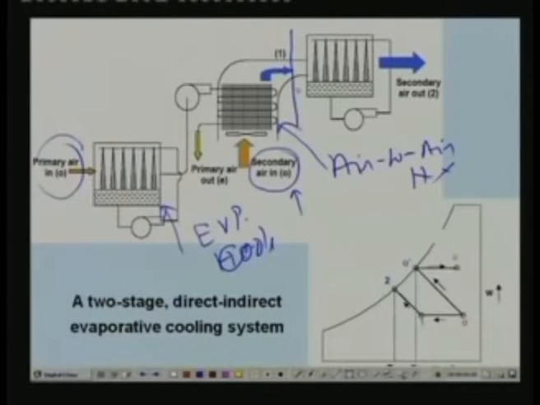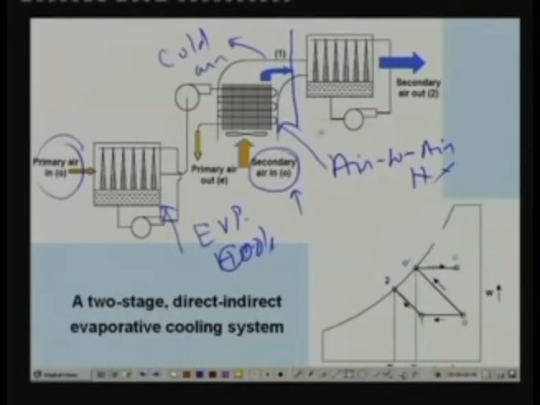So, up to this point it is exactly similar to an indirect evaporative cooler. So, what you get out of this first stage is cold air, whose humidity is the same as the outdoor air humidity. So, its temperature reduces, but humidity remains constant.